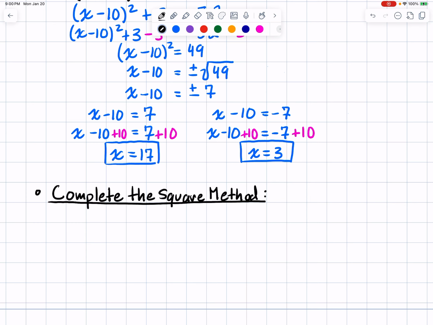Any quadratic equation, this works on all quadratic equations.